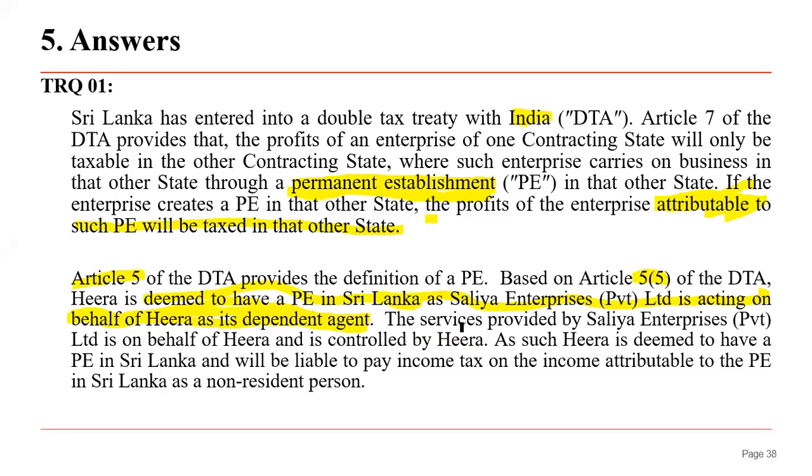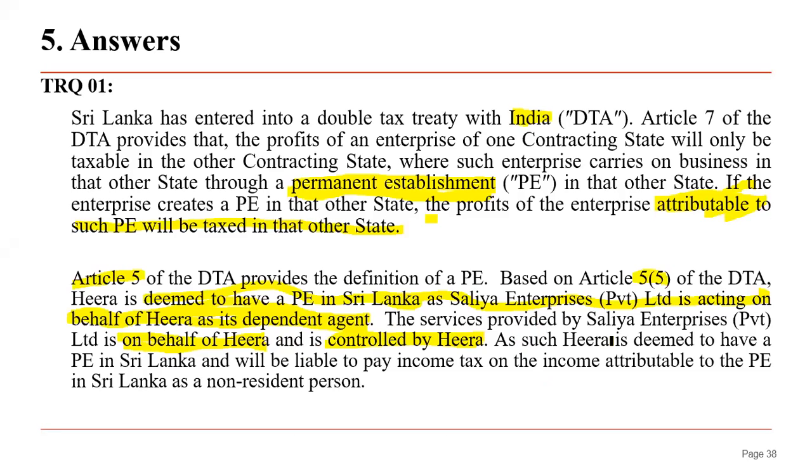The services are provided by Salya Enterprises on behalf of Hera and controlled by Hera, entering into the contract, taking the orders, those things. You can elaborate this answer if you wish.